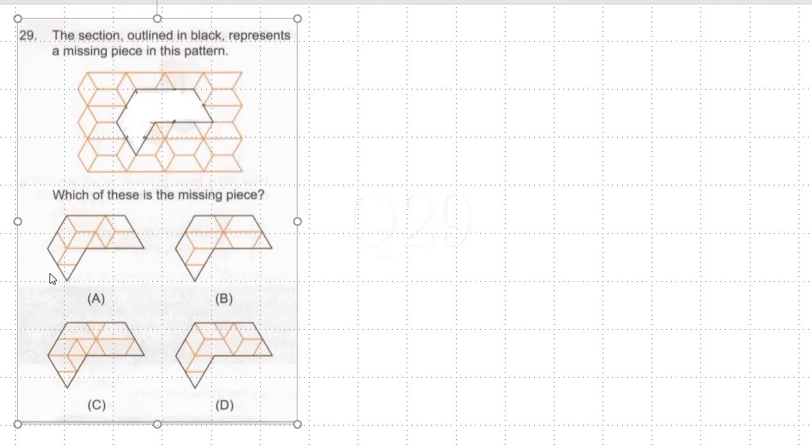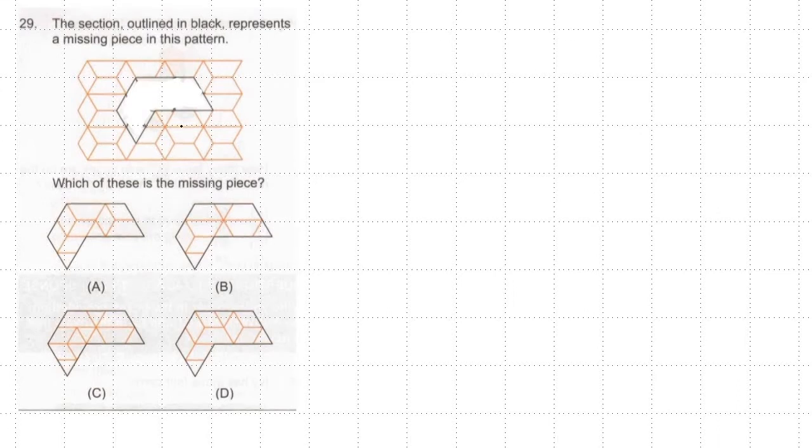For this question, the answer you actually gave me is D, but it's not really D, because when you're doing this over this portion here, the direction is a bit wrong. You can see the direction here doesn't connect, it won't be like that. Let us draw and see if we can conclude anything.